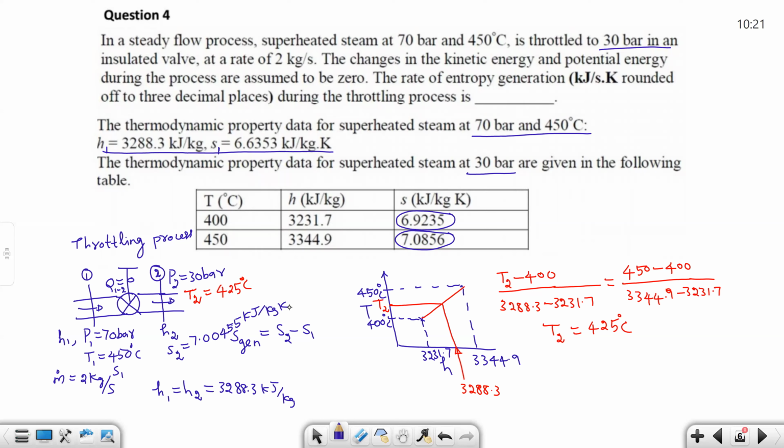So entropy generation is S2 minus S1. 7.00455 minus S1. S1 is at 450 degrees centigrade, 6.6353.